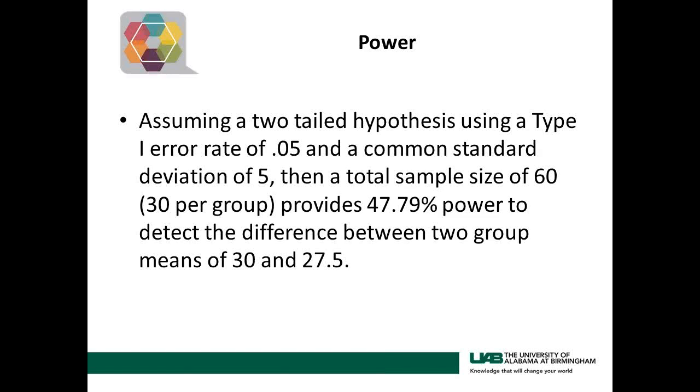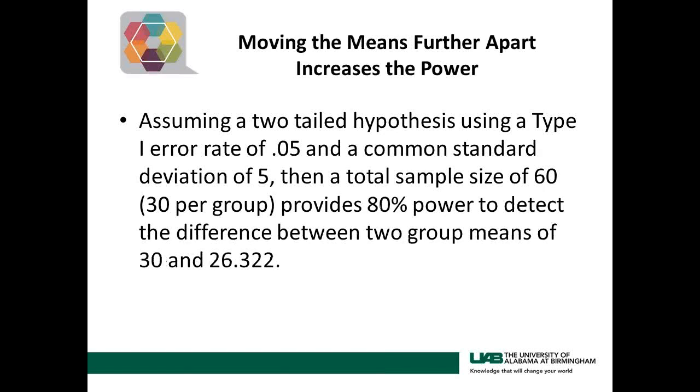So if somebody said, hey David, that's the only way, I can't get more than 30, David. Okay. Remember, I have the ability to move things. These are all assumptions. So somebody comes back and says, okay, where's the cut point for 80% power? Okay, here we go.